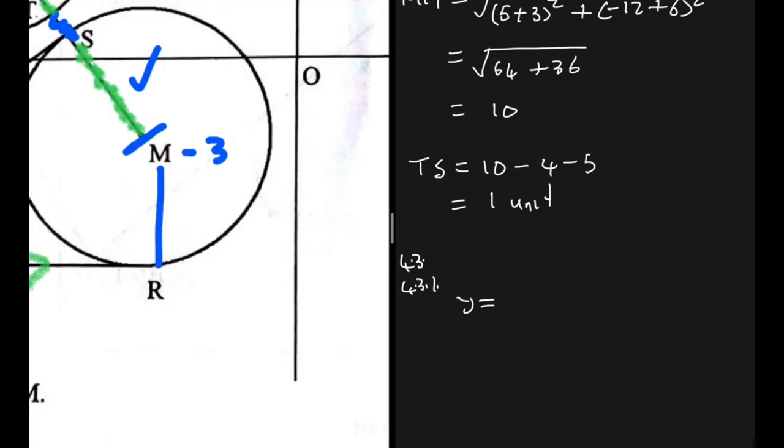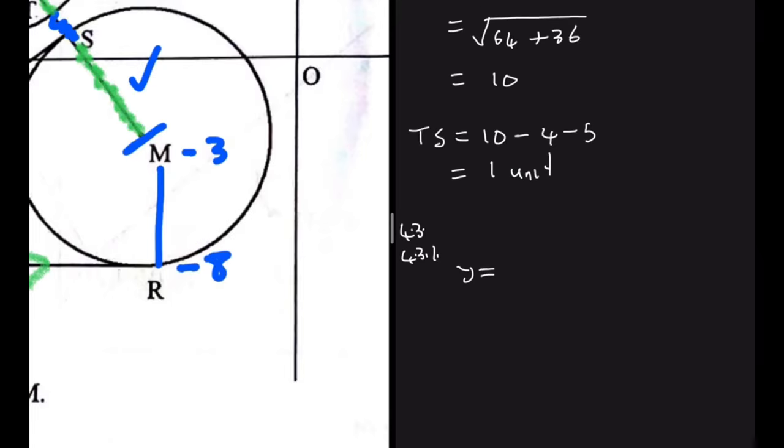So if we say -3 - 5, we're going to end up with -8. So the y coordinate of R is -8, right? So now we have y = -8, and that's all we have. That is the equation of our tangent PR.